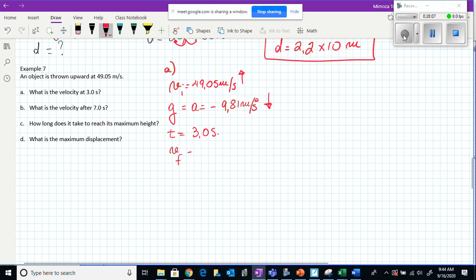So again, it's the same strategy that we have used. We sort what is given. We look for a formula that relates what is given with what they are asking for. And the formula that relates it is the acceleration formula, V final minus V initial over time.